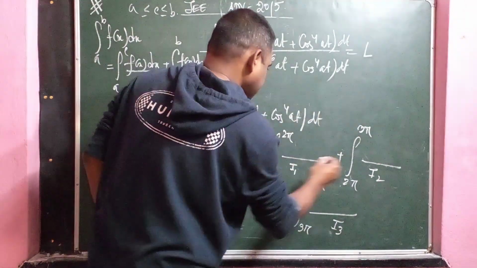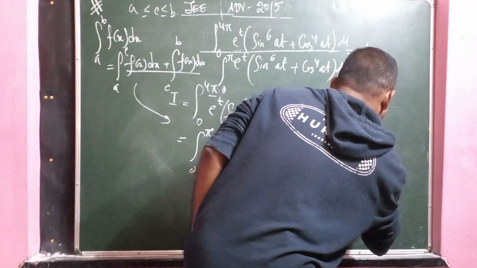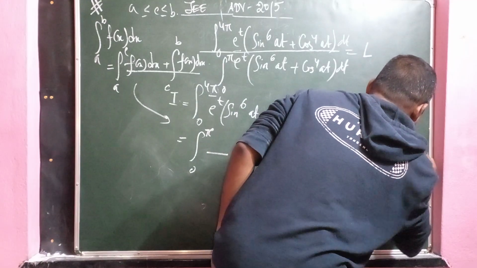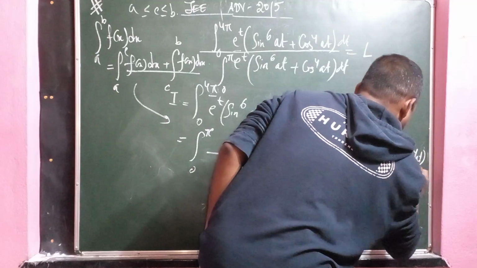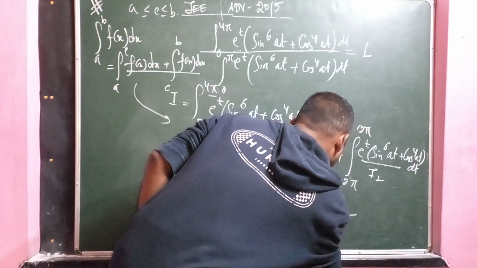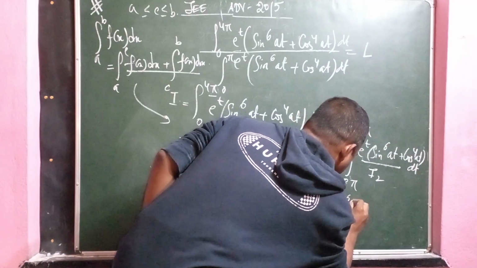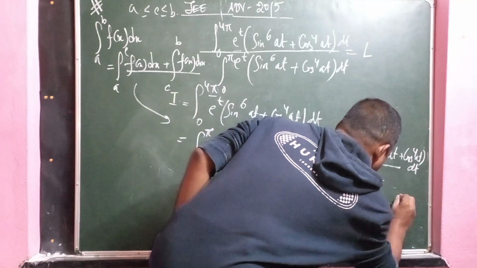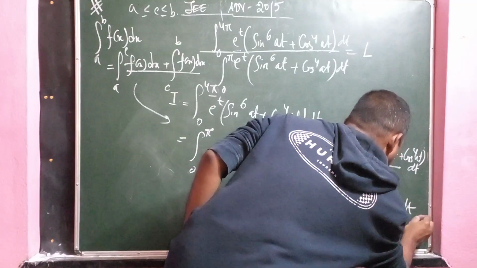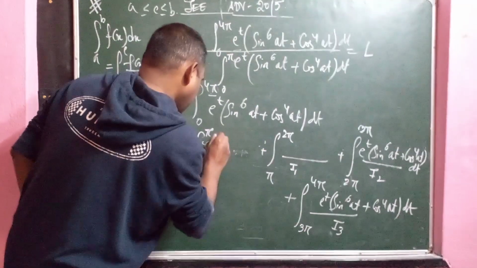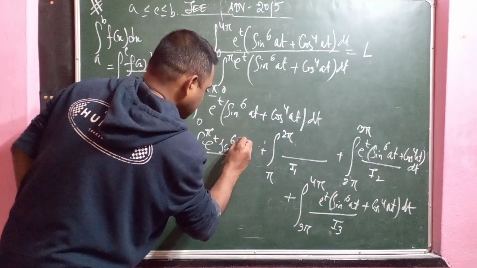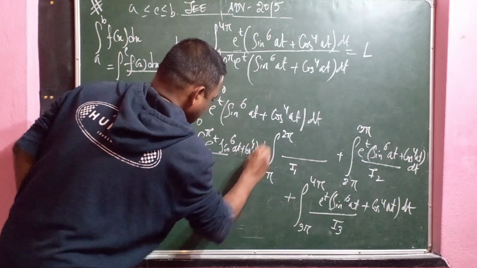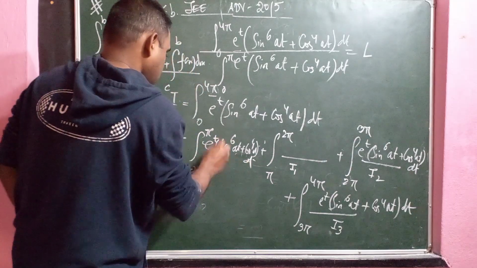I'm writing I1: e to the power t (sin 6θ plus cos 4θ) dt. e to the power t, same thing. You just have to copy. Even if you don't write, that will be okay also.